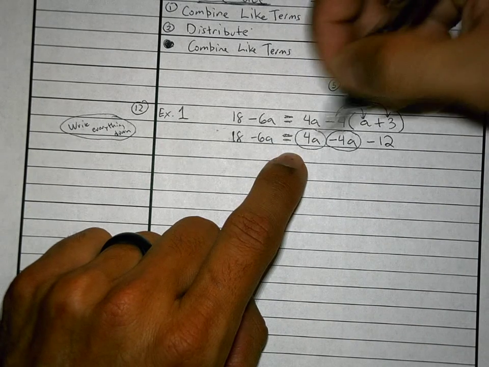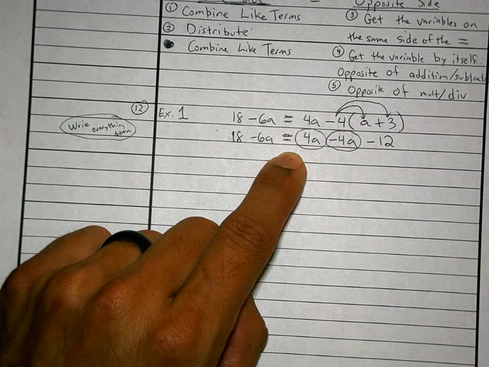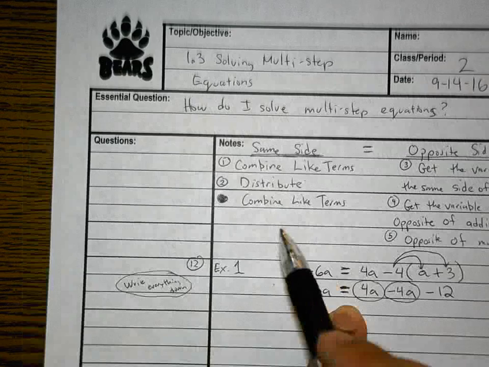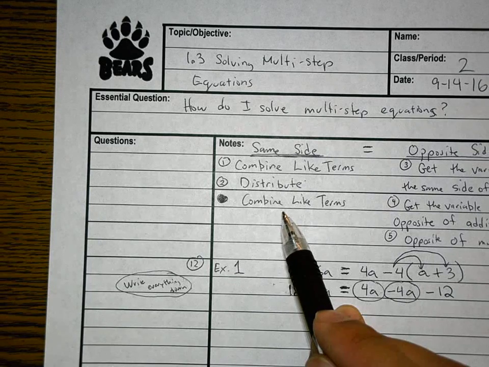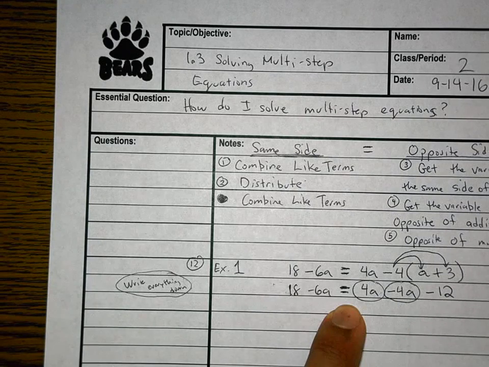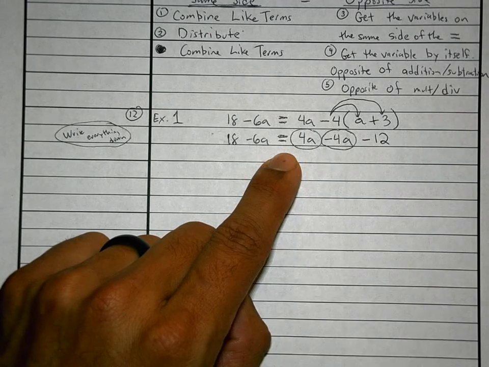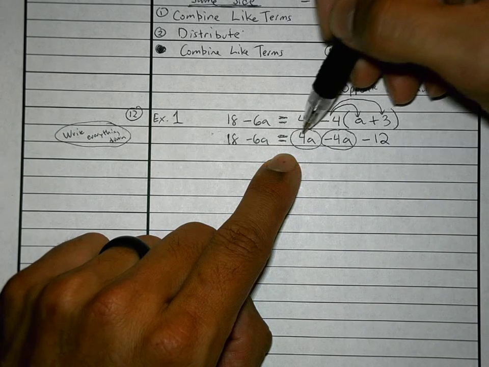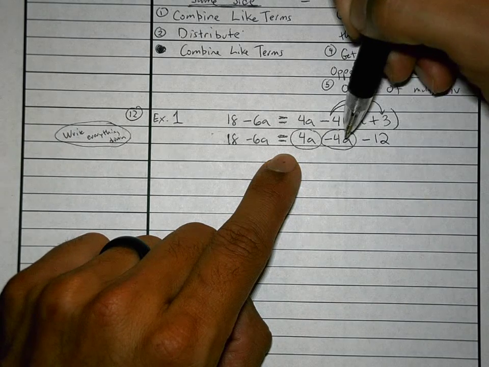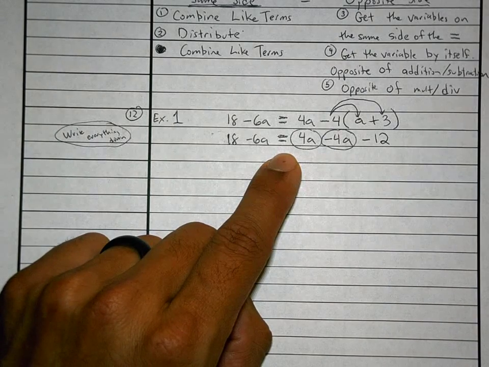They're on the same side. If they're on the same side, we're just supposed to combine like terms. That just means put them together. I can't tell you how many students want to do the opposite. You're not supposed to do the opposite here. You're just supposed to put them together. What is 4a minus 4a? Put them together.